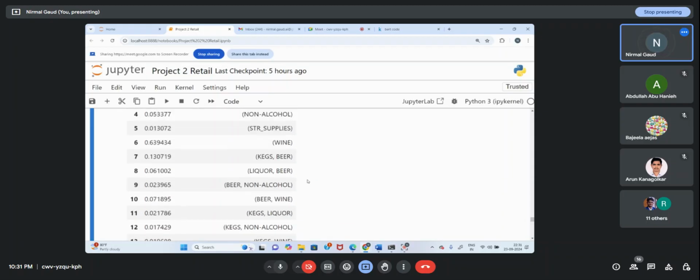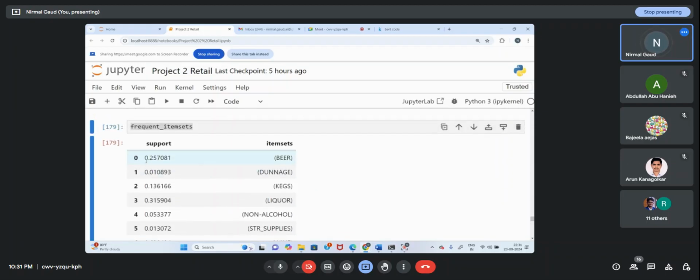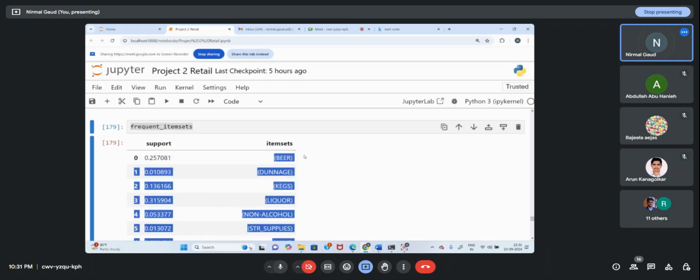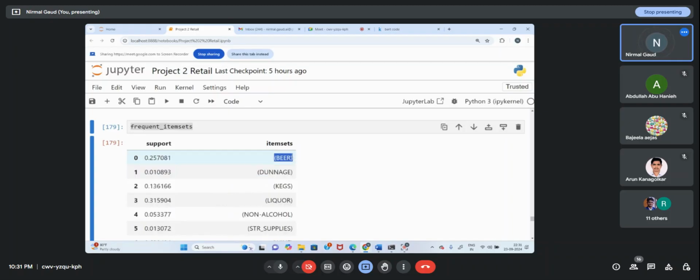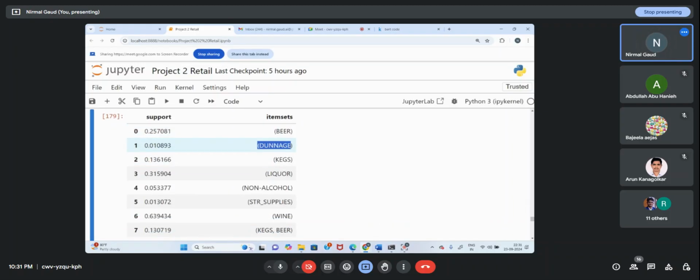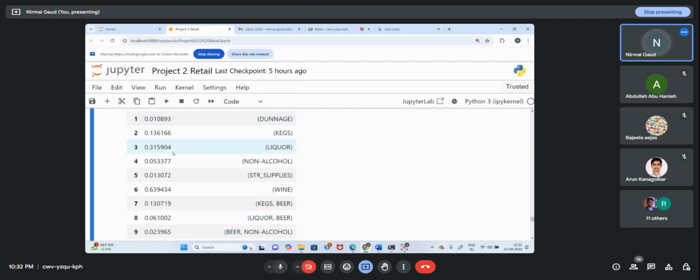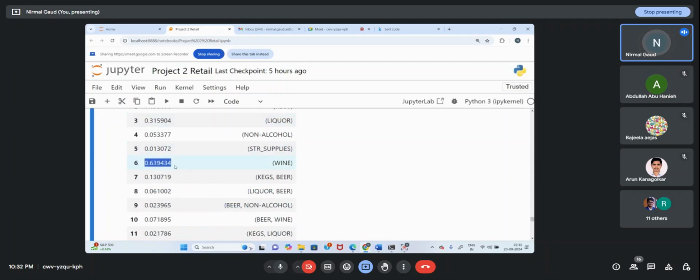Here are the support values. The higher support values are for beer, which means mostly it is supplied. It's not arranged in descending order, so kindly ignore the words I said just now. If it had been arranged, then wine should come at the top because it is 0.6 and has the highest support.